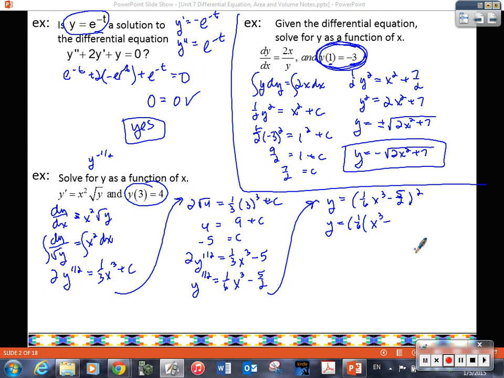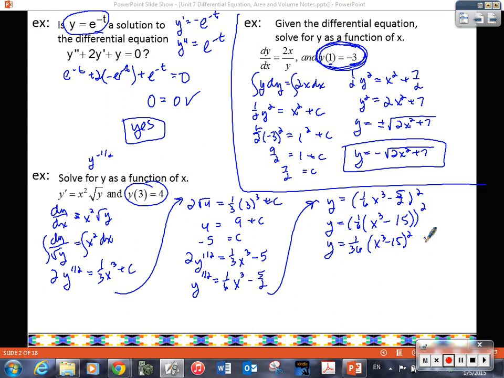Or the other way to think about it is I'm really dividing by 1/6. I'm taking out 1/6, which is the same thing as multiplying by 6. You with me? Then they would release this from the squared. So this would be y equals 1/36.